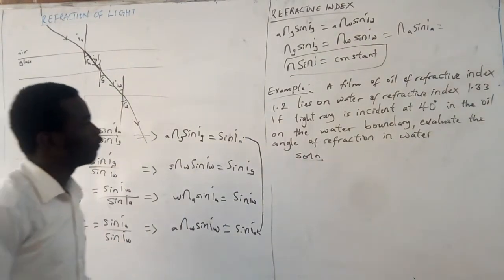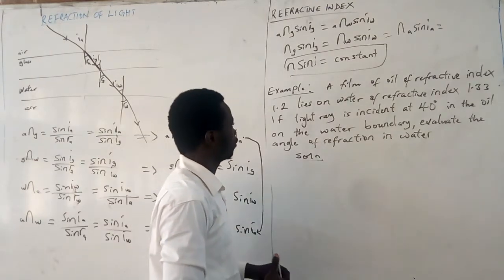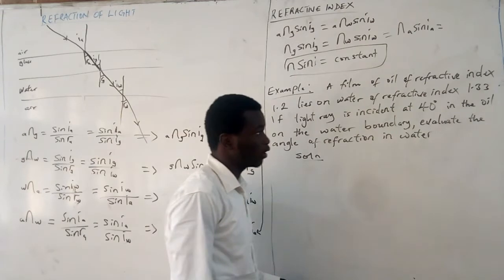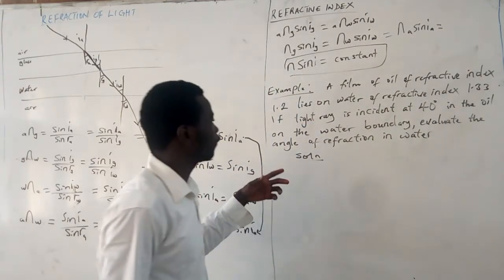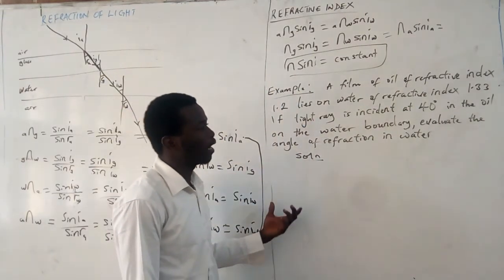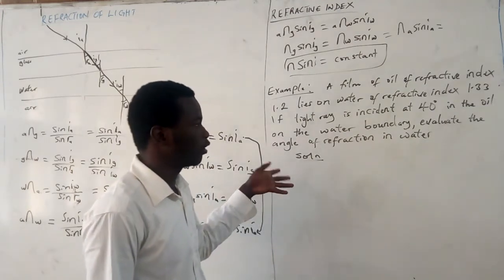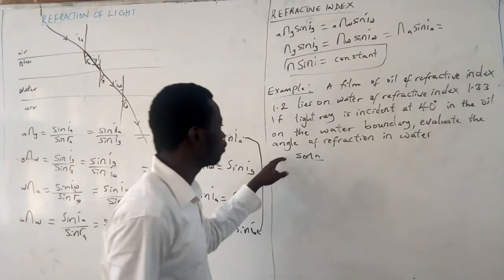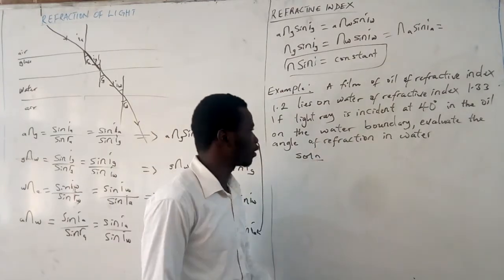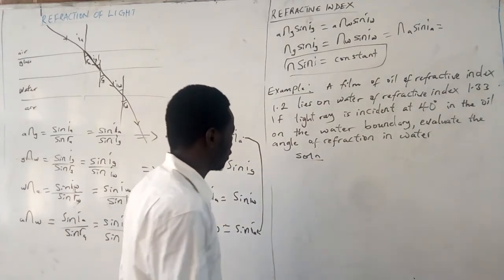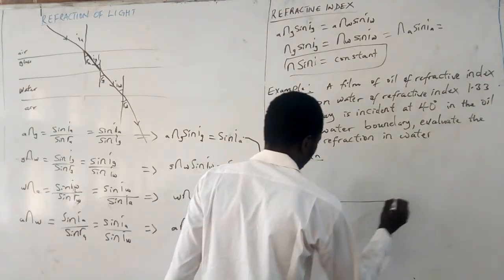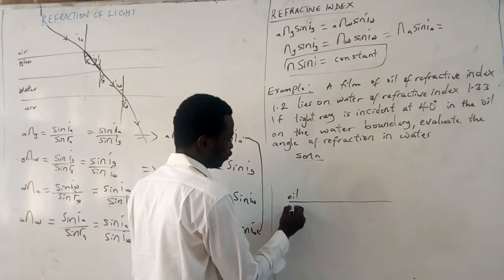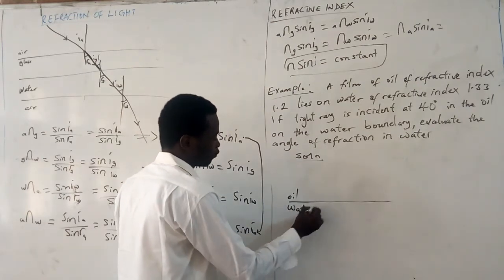So a film of oil of refractive index 1.2 lies on water of refractive index 1.33. If a light ray is incident at 40 degrees in the oil on the water boundary, evaluate the angle of refraction in water. So what we have here is two given media, that is, we have oil, we have water.